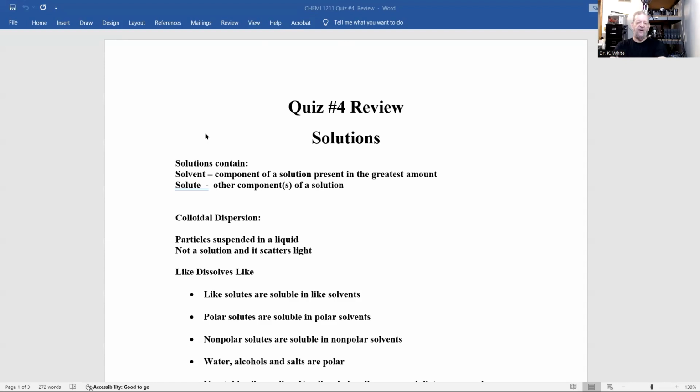And you should know a solution contains a solvent, only one solvent, and that's the component of the solution present in the greatest amount. Next, you should know that a solute or solutes are all the other components in a solution.